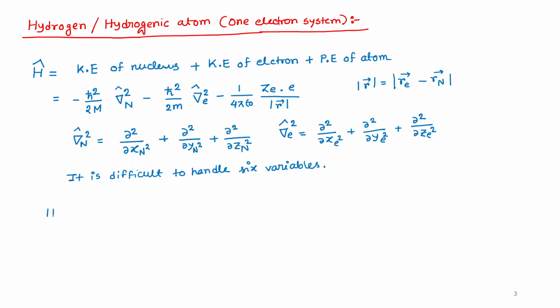I will write what I am trying to say. By somehow we are trying to split the Hamiltonian into the center of mass motion Hamiltonian and the Hamiltonian of the relative motion of the electron with respect to the nucleus.